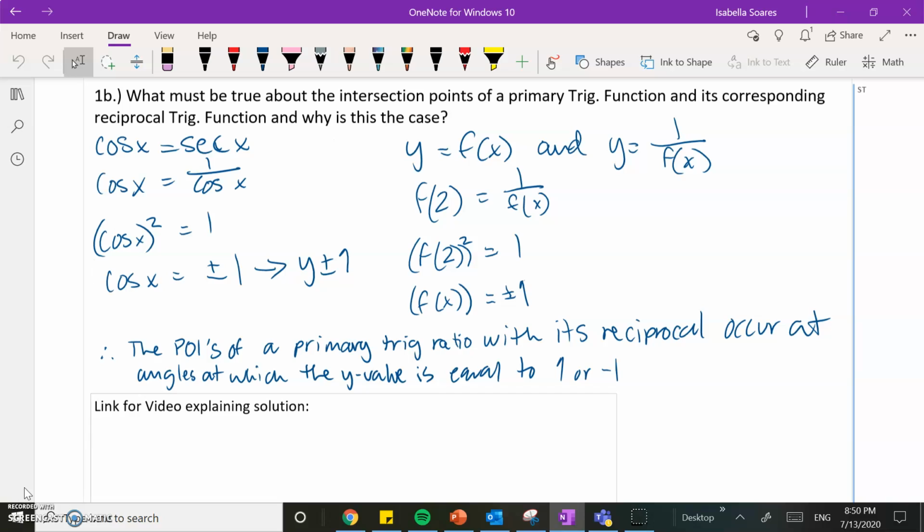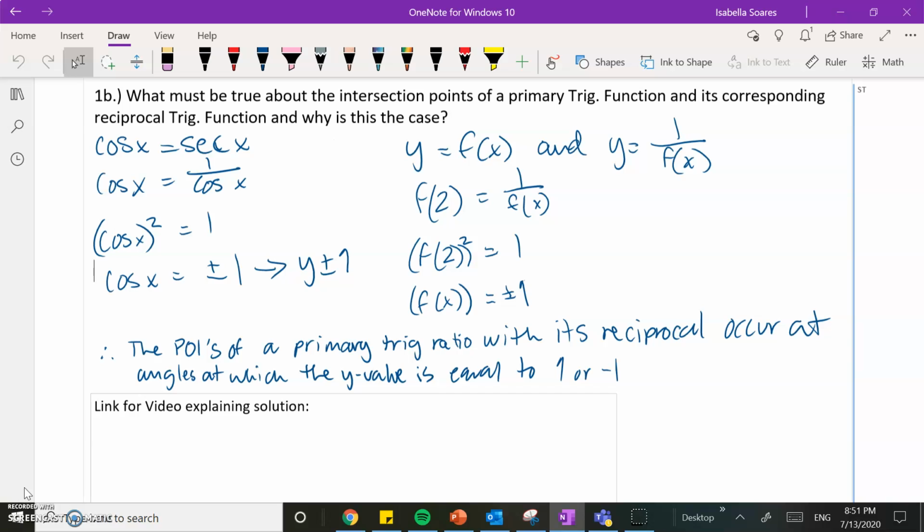Then I put the secant function into its reciprocal form, and I wrote secant of x as 1 over cos of x, and I multiplied both sides by cos of x and got cosine squared of x is equal to 1. Then I square rooted it, and I got cos of x is equal to plus or minus 1. And so then I know that y is equal to plus or minus 1.